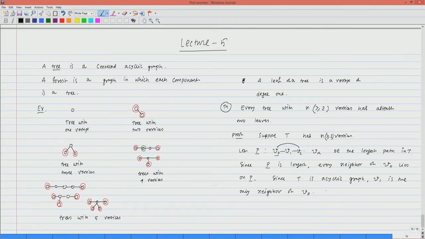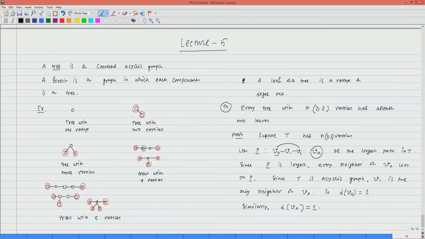So, that is why the degree of V naught is equal to 1, because it has only one neighbor, that is V 1. Using a similar argument, we can also prove that V k has degree 1. So, similarly, the degree of V k is equal to 1.